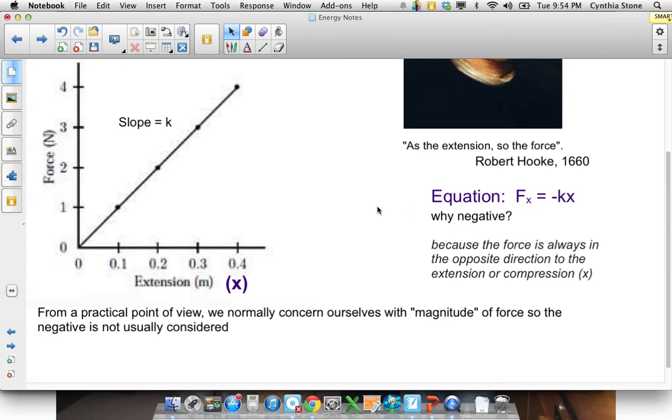From a practical point of view, if you don't feel like you really get that, it doesn't matter, because we're not going to deal with spring force so much as spring energy. So don't worry about that too much.